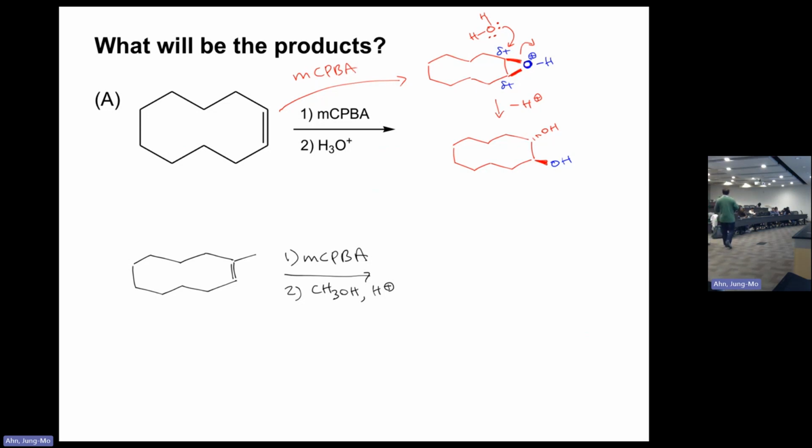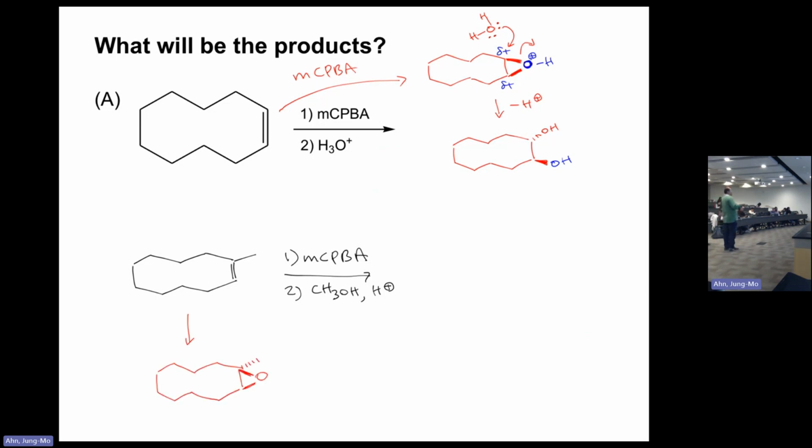You need to be able to follow the mechanisms. If you follow the mechanism, you know that the nucleophile is not going to be the water anymore when you're using an alcohol. The reason for the change is because we want to see whether you understand the mechanisms. So that's why you've got to prepare yourself for a question like this.